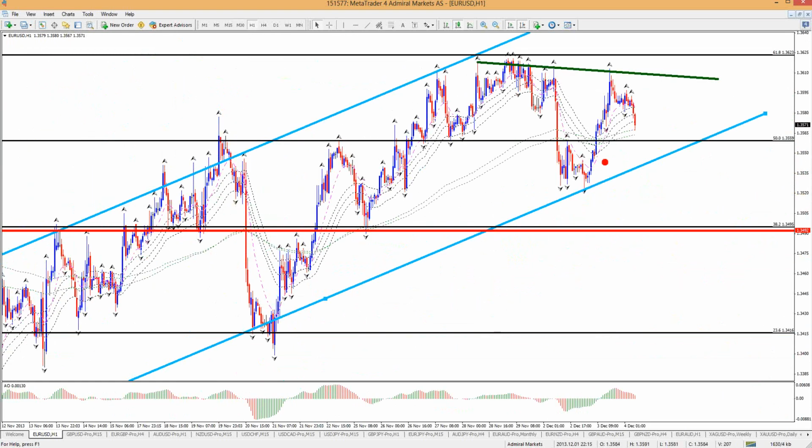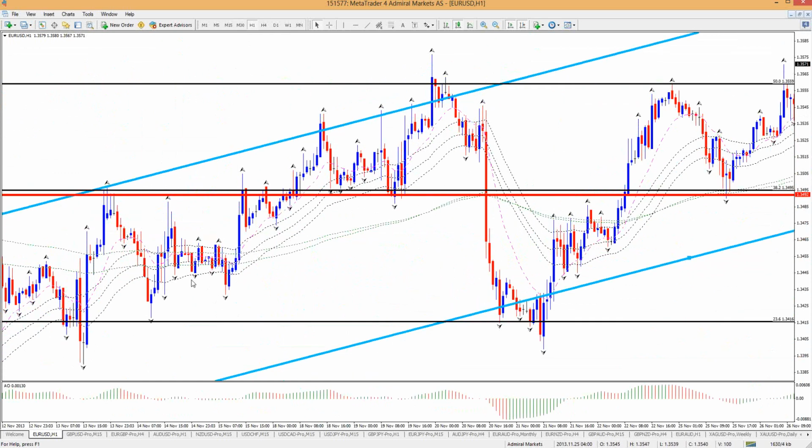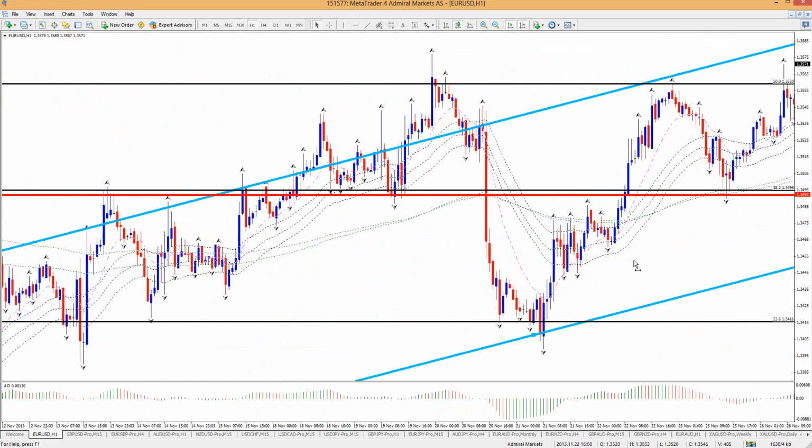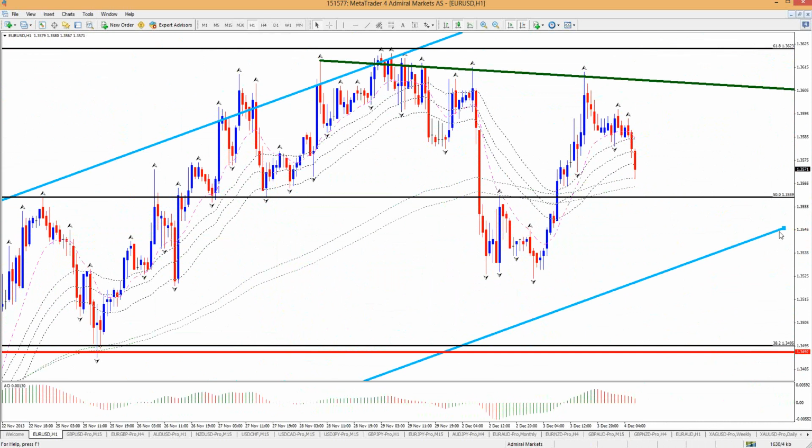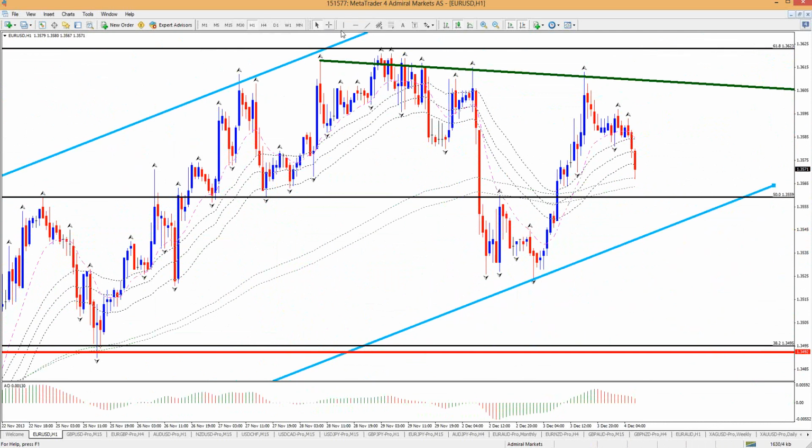And yesterday we were looking at the euro dollar. Let me take a look. Oh yeah, after this one, where I have the green dot there, that candle was a bullish candle.